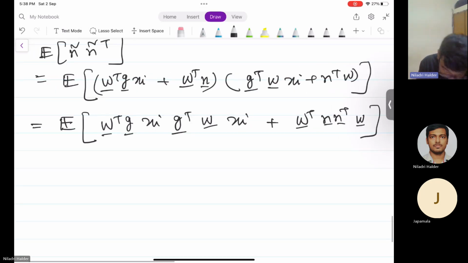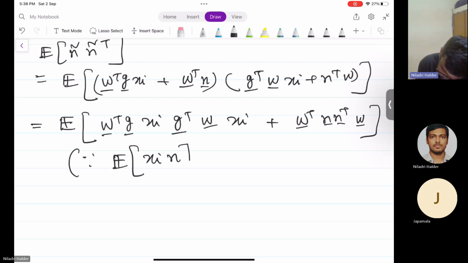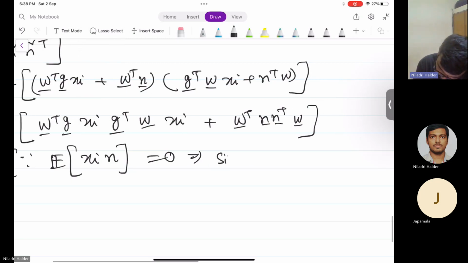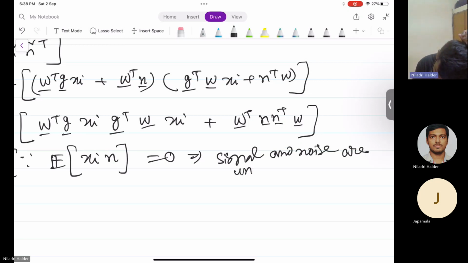The cross terms will be zero because the expectation of xi and n is zero, which means the signal and noise are uncorrelated.